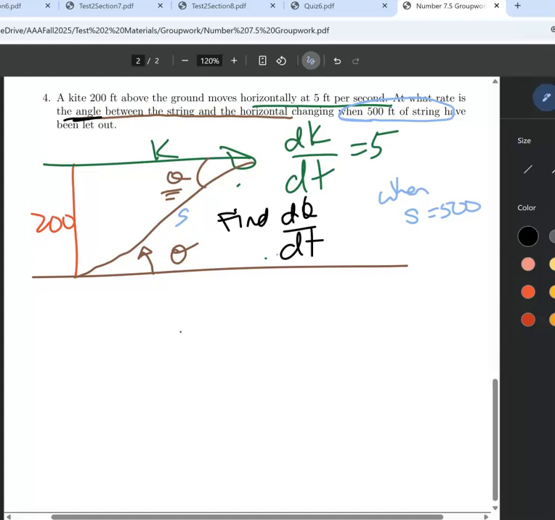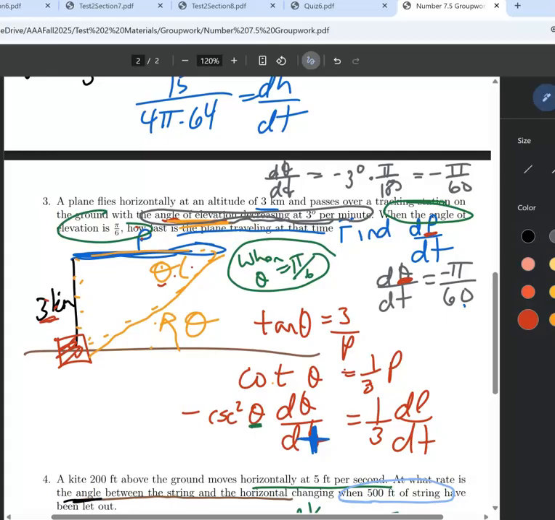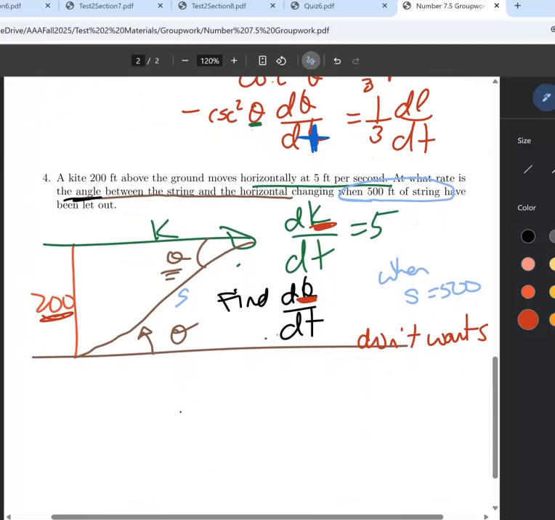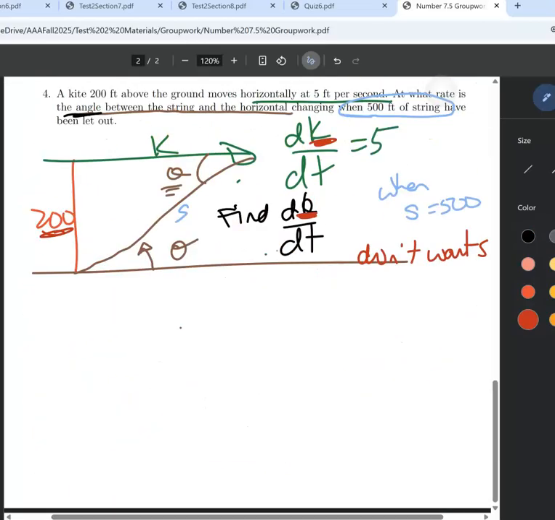All right. It's important to recognize what letters you want in your equation. I want k and theta and this fixed number. I don't want S in my equation. That's going to be my when information, but I don't want it in my equation to take the derivative of.